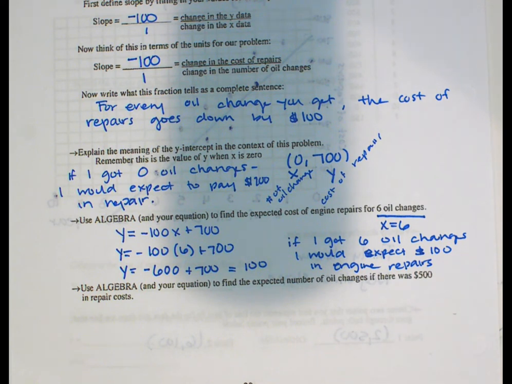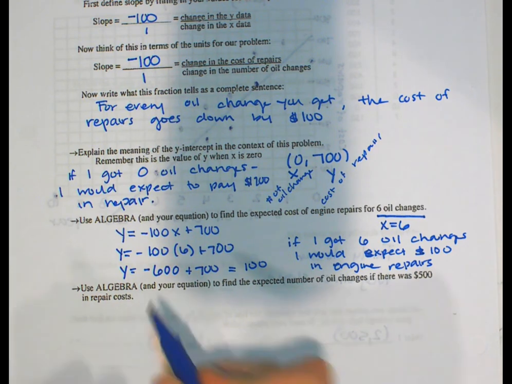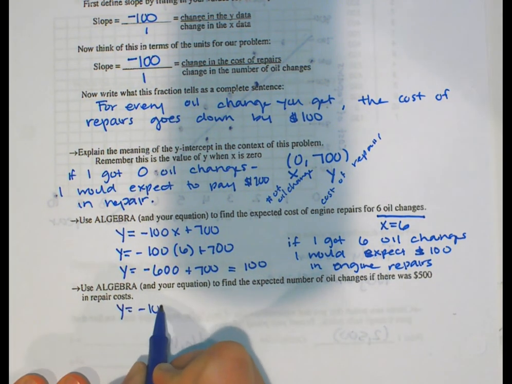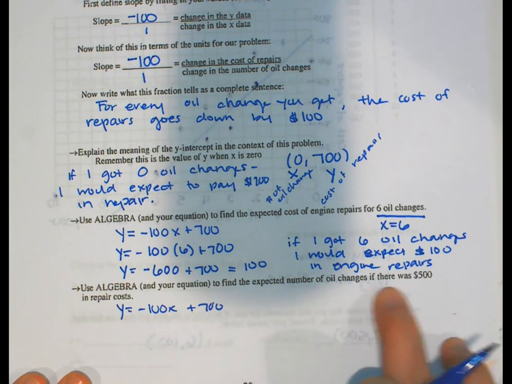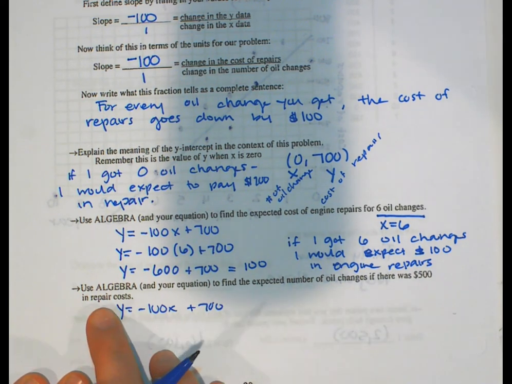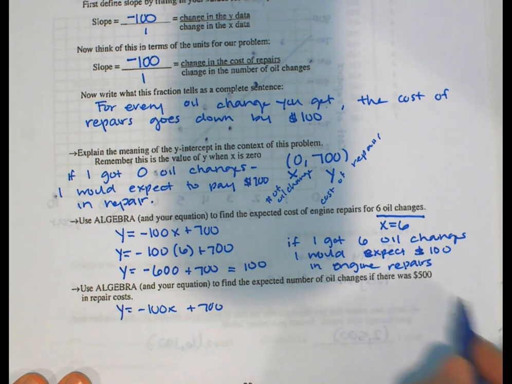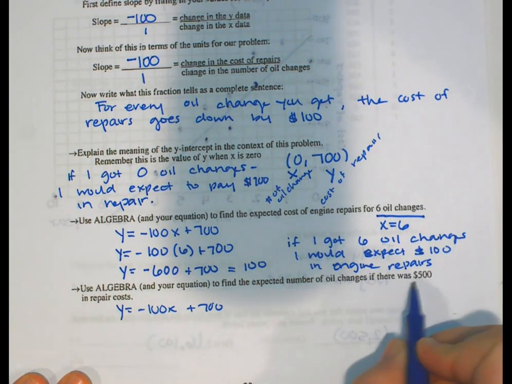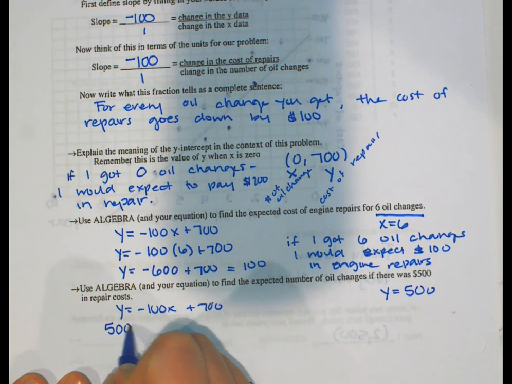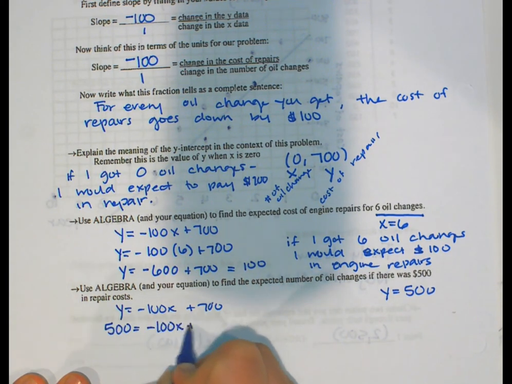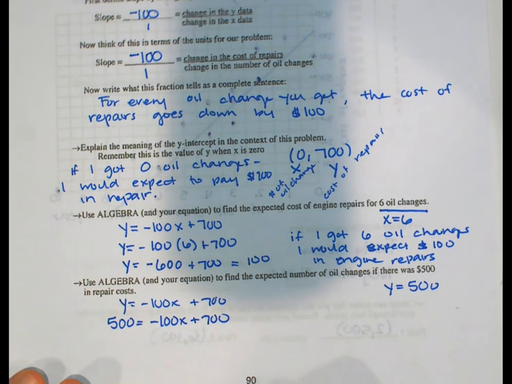So then I could go the other way. Use your equation, y equals negative 100x plus 700, to find the expected number of oil changes if there was $500 in total repair cost. So if I spent $500 in repair, that means y equals 500 this time. I'm going to go ahead and solve for x.